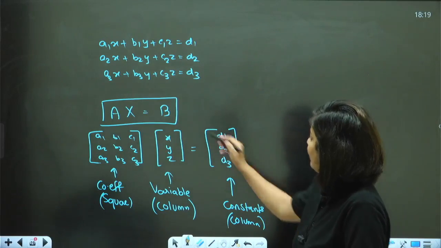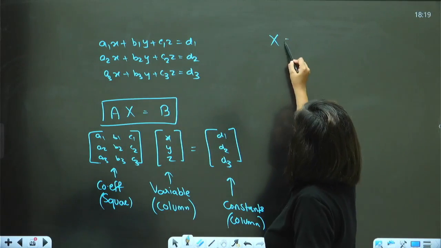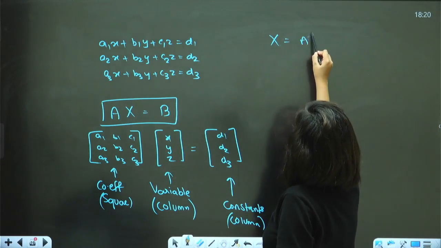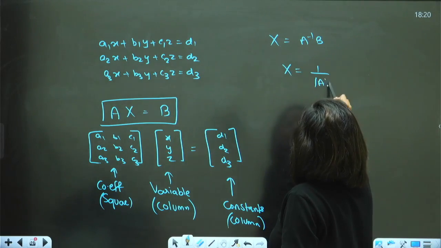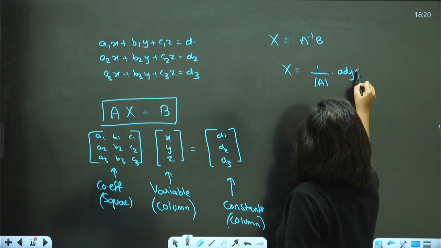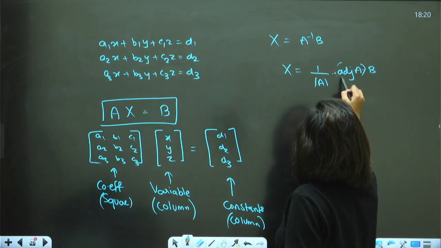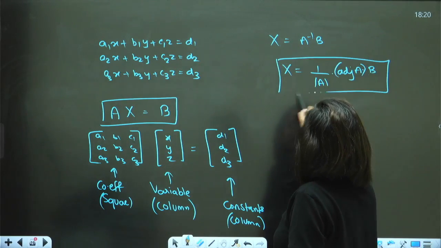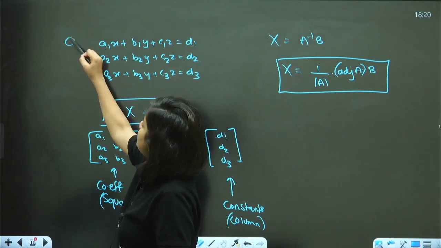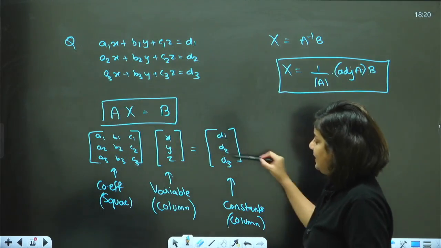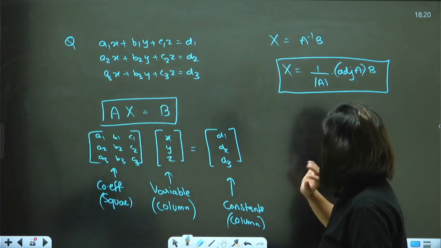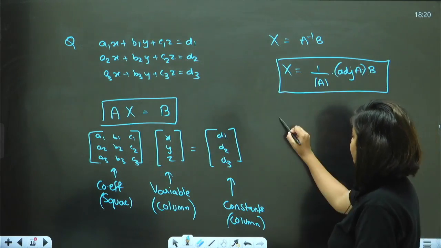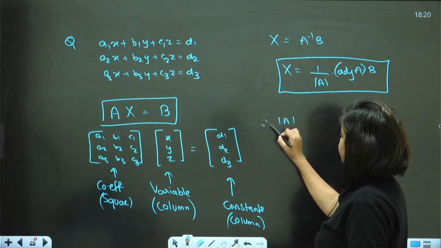What is the formula? From here, X is equal to, if A comes on the other side, A inverse into B, or better I may write it as X is equal to 1 upon determinant A into adjoint of A into B, right? That's how we find X. So guys, whenever a question is given, write it in matrix form. You know what's A, you know what X is, what B is. Find out determinant of A. First step.